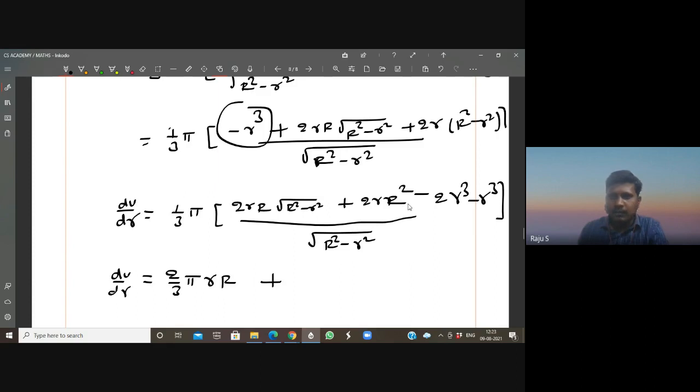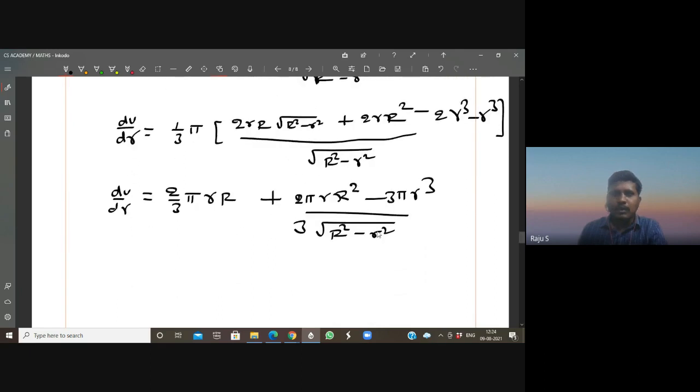Plus, when I combine these two, here we are going to get plus, when I multiply this, 2 pi r capital R square minus, multiply with this pi, 3 pi r cube, by root over 3 times capital R square minus small r square.